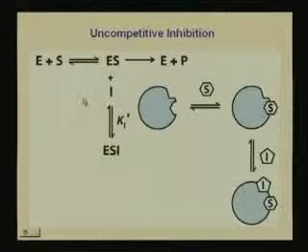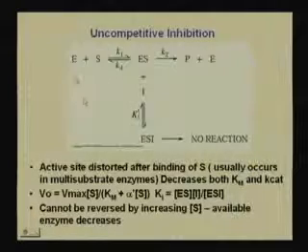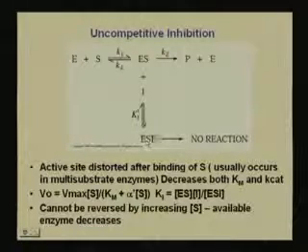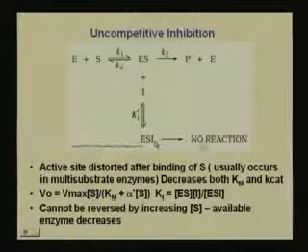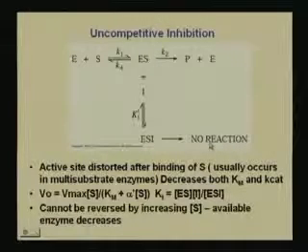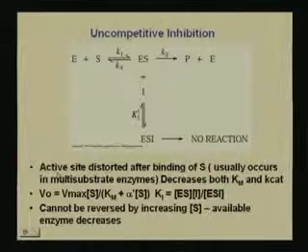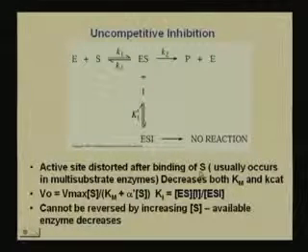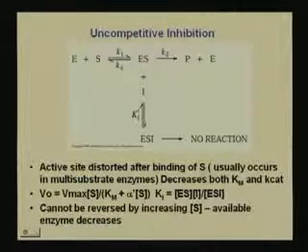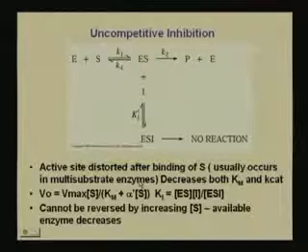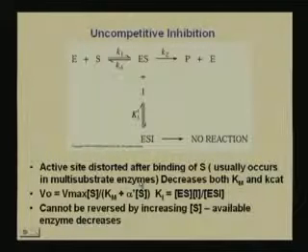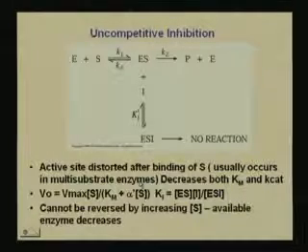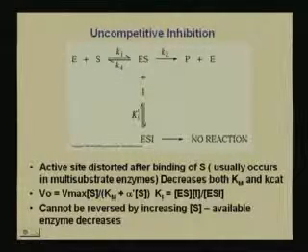Okay? So, this is the basic difference between these. So, again this ternary complex, or this ESI, is not going to give us any reaction. The active site is distorted after binding of the substrate. This usually occurs in multi-substrate enzymes, where you have more than one substrate, like the bi-substrate reaction that I showed you, where you can act inhibitors there.